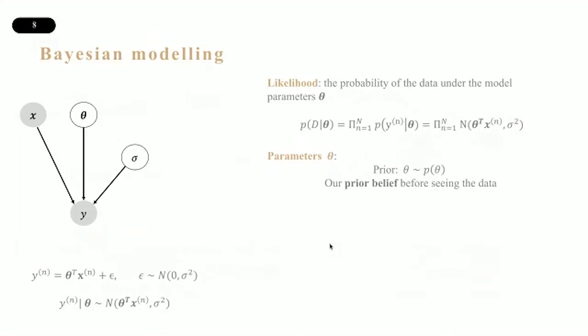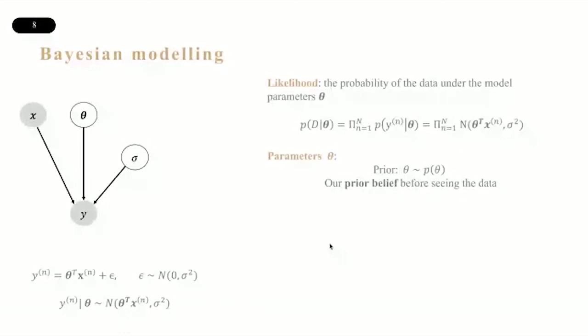I also define the prior over the parameters because that's the way to introduce my uncertainty about the possible values of theta. So I call it a prior because this is my prior belief before seeing the data, how theta might be, what values theta might take.